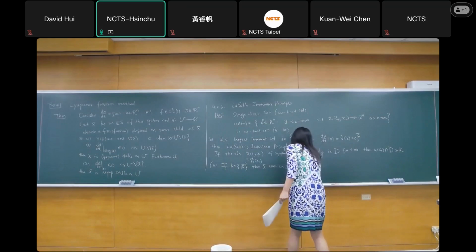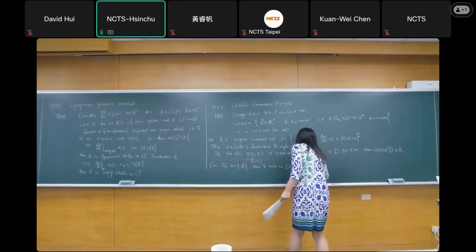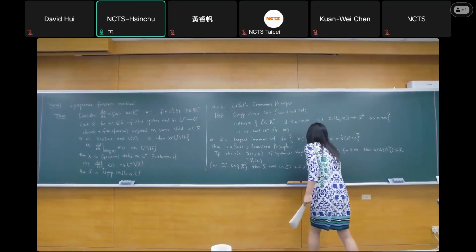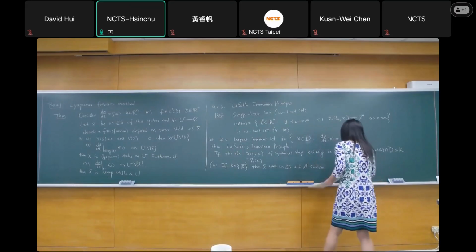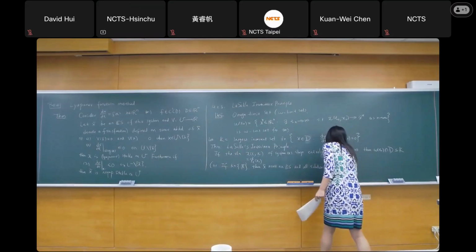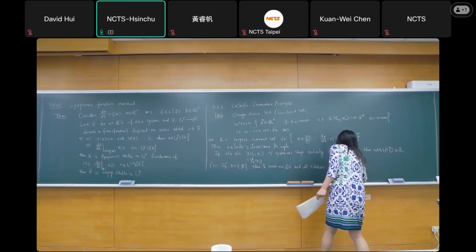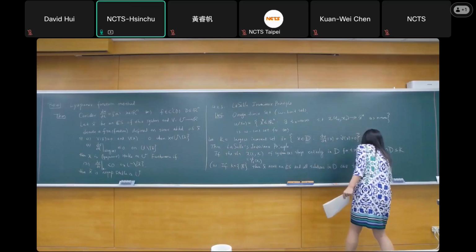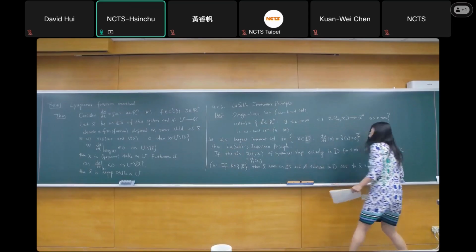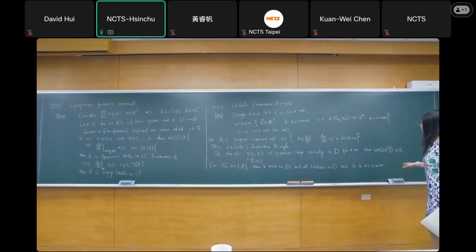And not only that, here's the thing we usually use. All the solutions indeed will converge to X bar as t goes to infinity. So this is the case we use a lot.